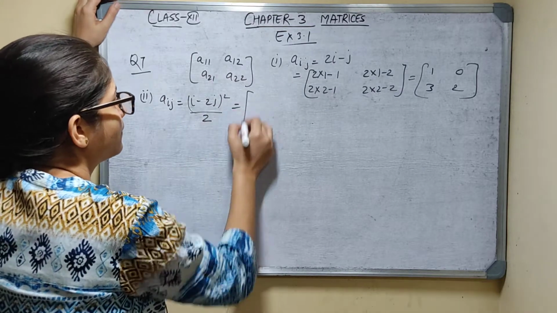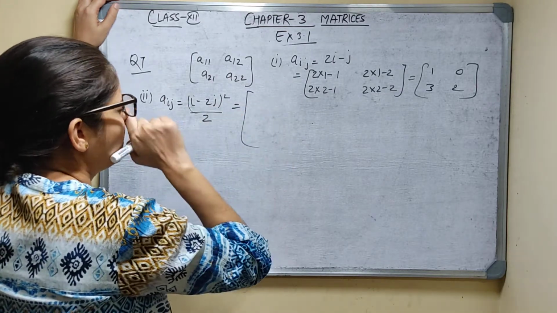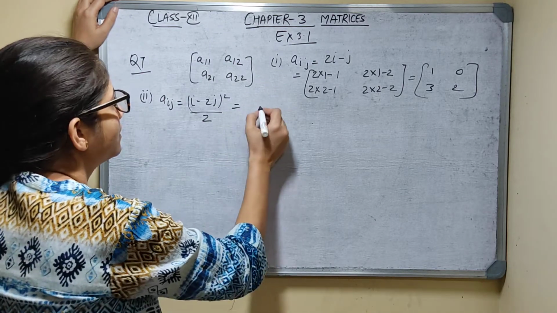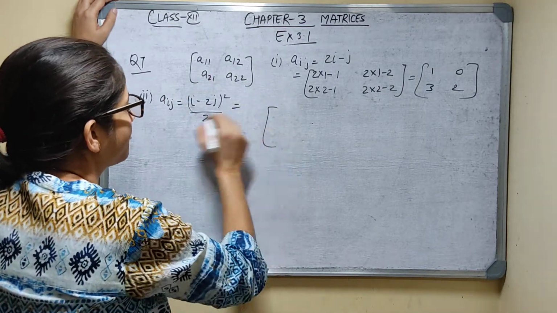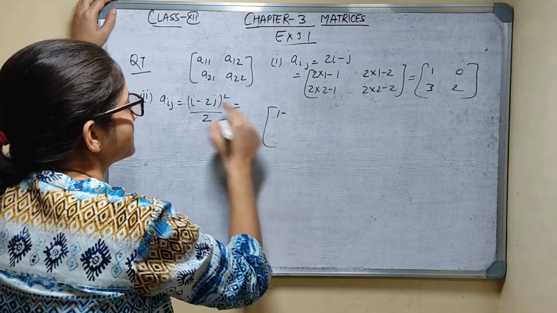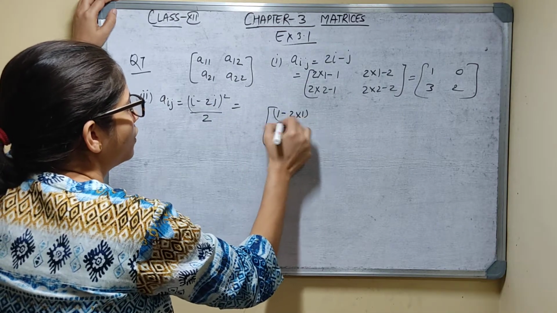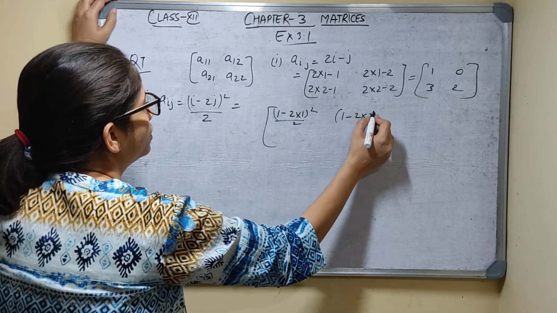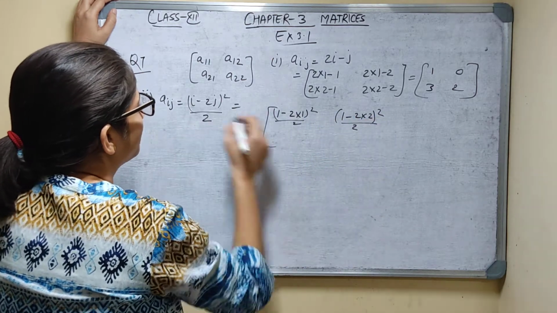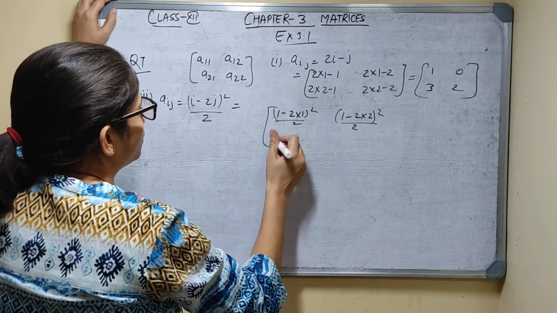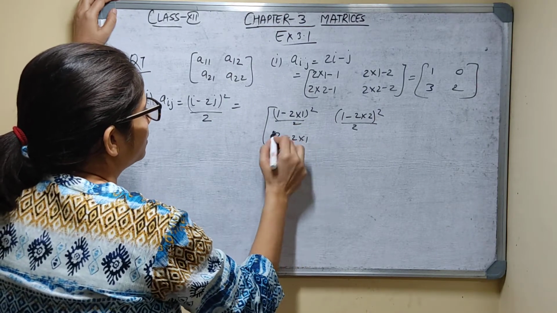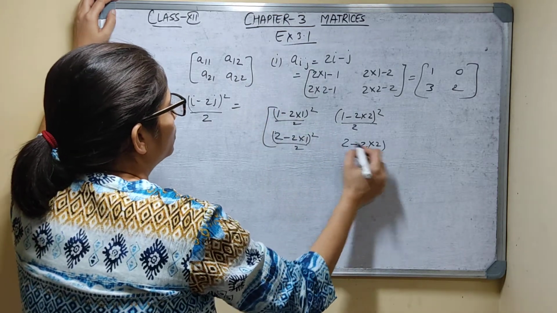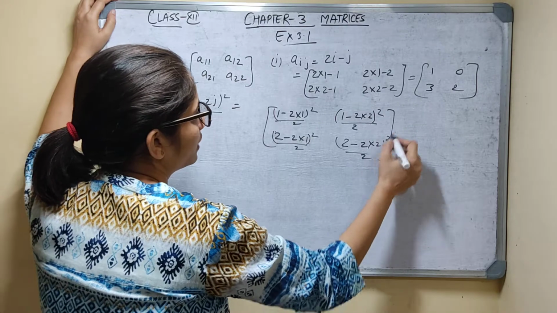So you can write the matrix like this: (1 minus 2 into 1) whole square upon 2, (1 minus 2 into 2) whole square upon 2, (2 minus 2 into 1) whole square upon 2, and (2 minus 2 into 2) whole square upon 2. Like this you can write.